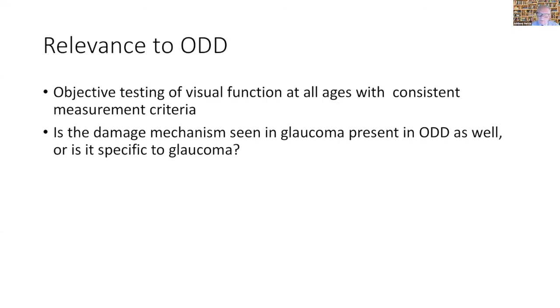And then one of the questions that we're particularly interested in is whether the damage mechanism that we see in glaucoma is present in optic disc drusen as well. That is, is the off pathway just generally vulnerable to any kind of disruption of optic nerve function? Or on the other hand, is this a particular pattern that's only seen in glaucoma?